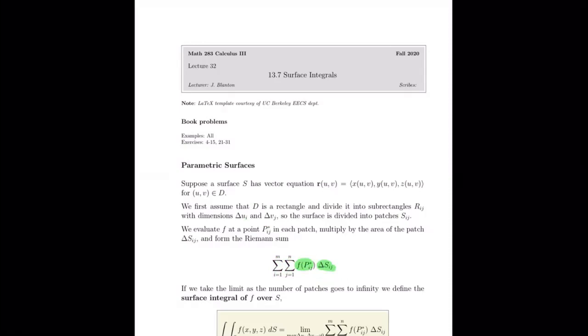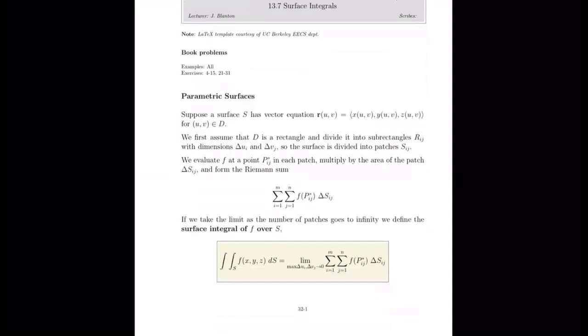And if we add up all of these function values times these surface values, in this double sum, going in the directions along u and along v, or vice versa, then we'll get an approximation of the function's value along this surface. So it's very similar to a line integral, only now the curve is actually a surface. So it's got two parameters in it instead of one.